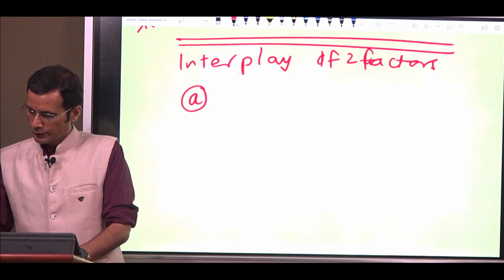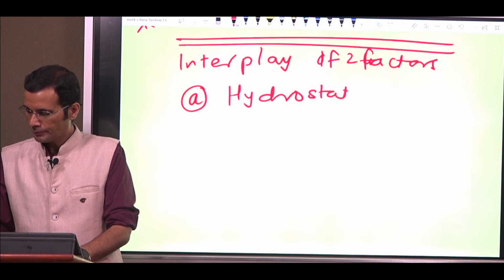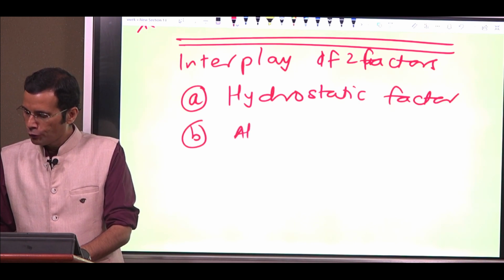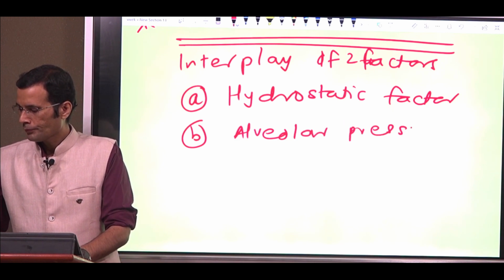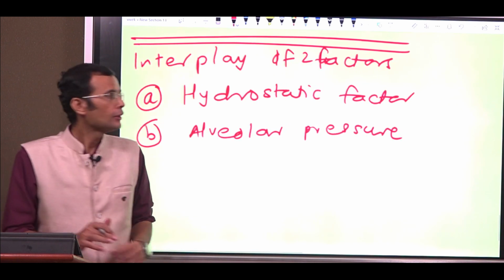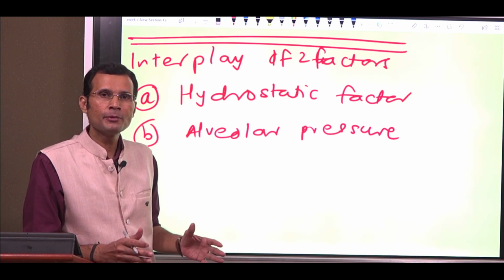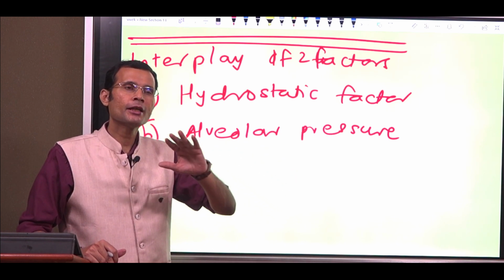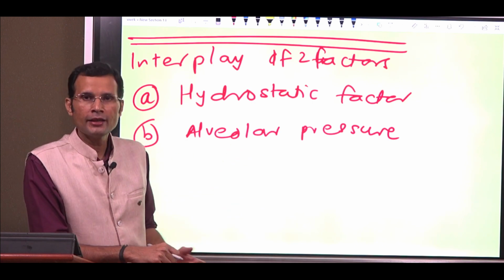A, the hydrostatic factor, and B, the alveolar pressure. The interaction of these two factors is responsible for causing different types of blood flow in different areas of the lung. Let's understand this.